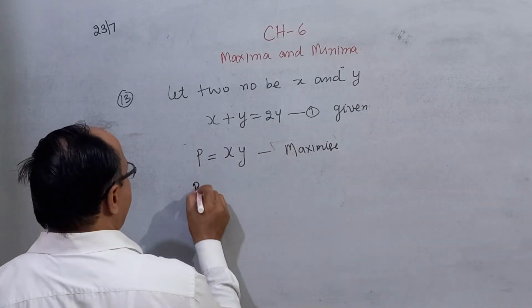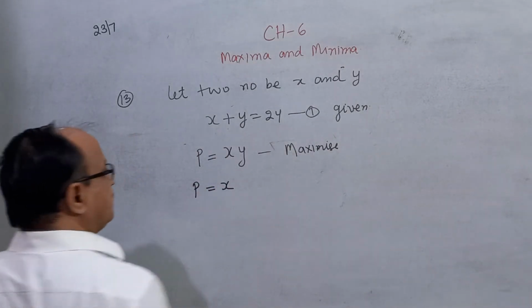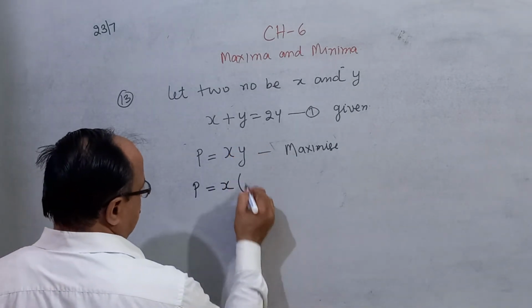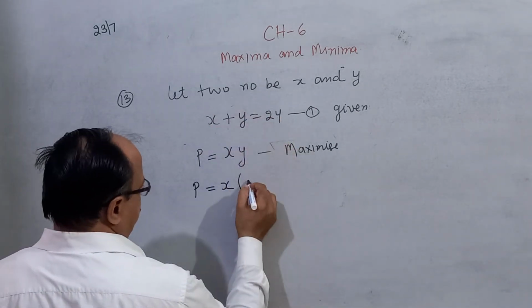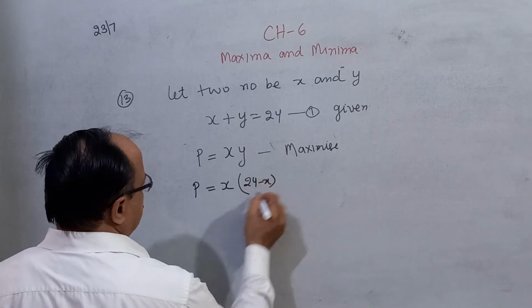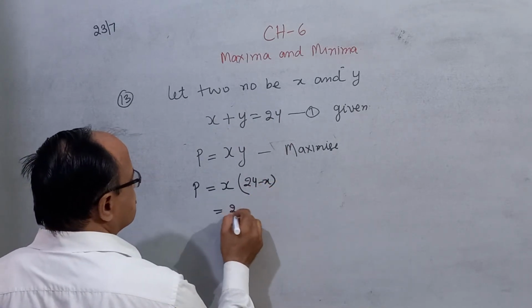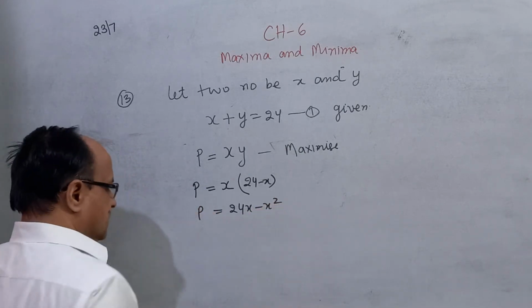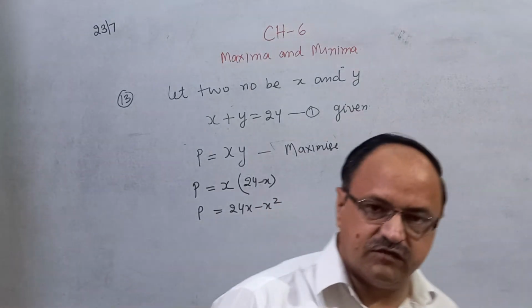Now put the value of y here. What is the value of y? 24 minus x. Now multiply by x: 24x minus x square. Now it is in one variable.